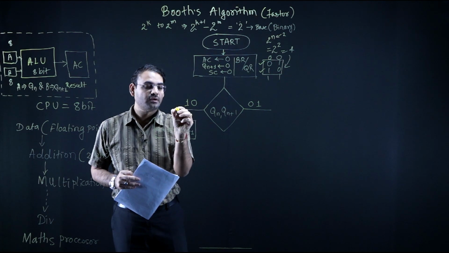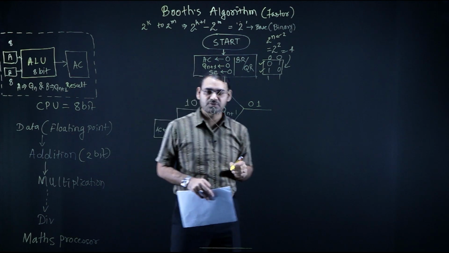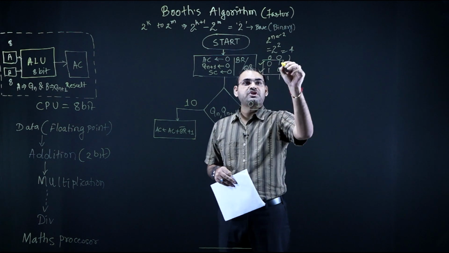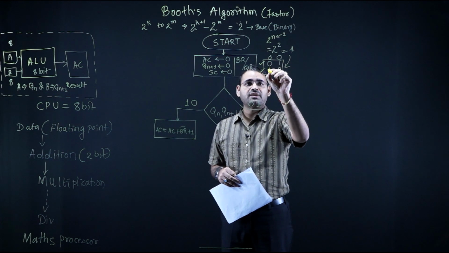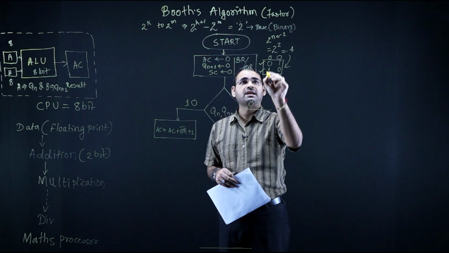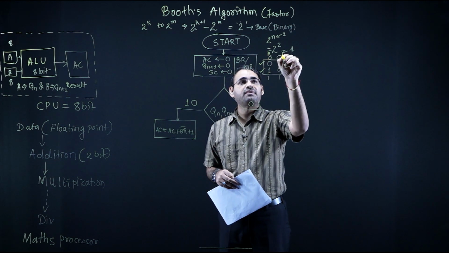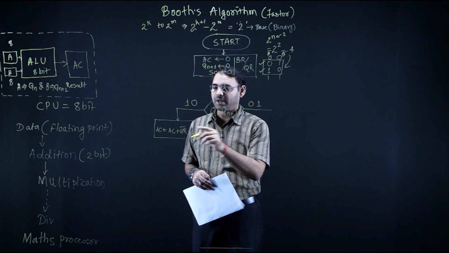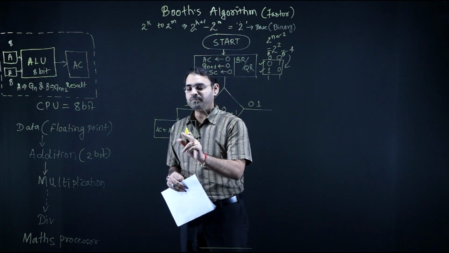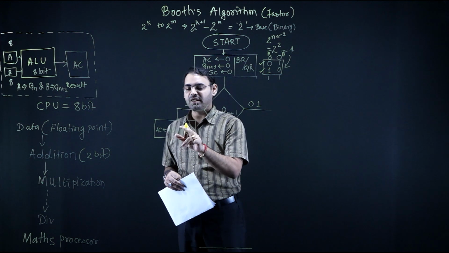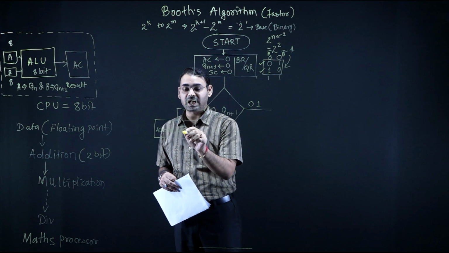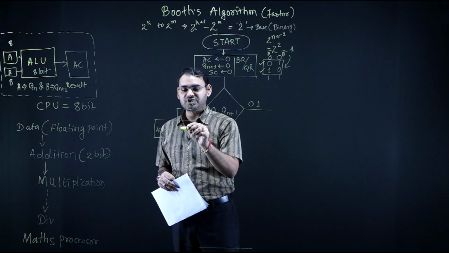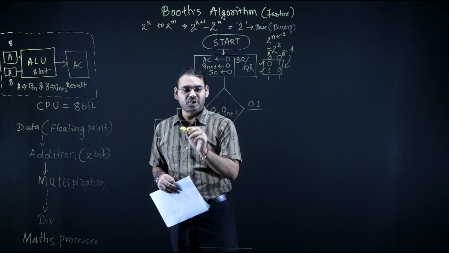This operation is performed for the 1 0 case, where the two values are different, A and B. The accumulator will subtract, adding the negative of BR. What is BR? My multiplicand, and its negative is the 2's complement, that is the complement plus 1, which I have added over here.